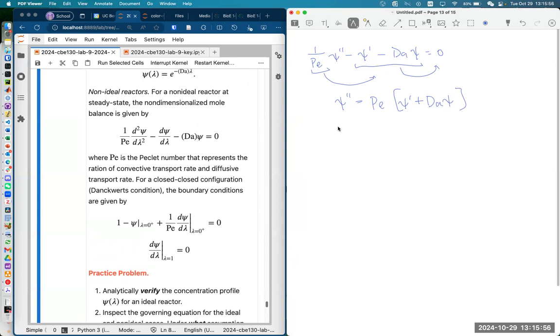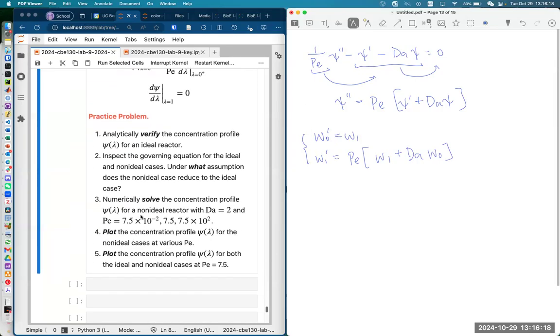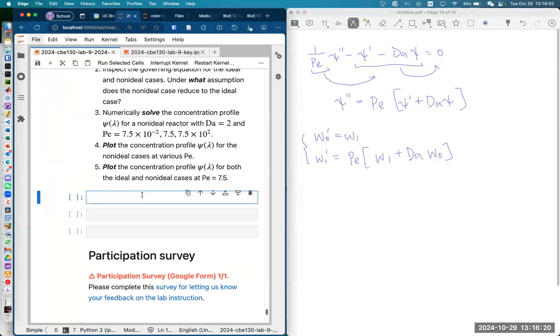If we write this in a system, we have W0 prime is equal to W1, and W1 prime is equal to PE times W1 plus dA times W0. So we can write this in Python. dW0 dt is a lambda function of x, W0 and W1.